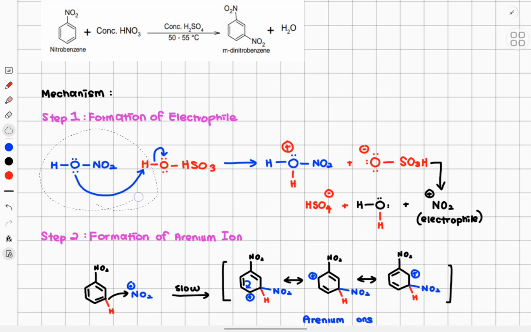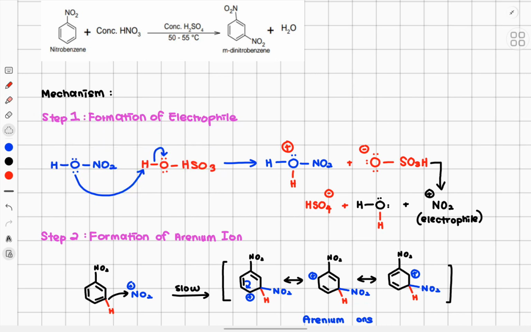We can see this by drawing it in terms of lone pairs, where we show the lone pair on the oxygen. We can see how it forms a new bond with hydrogen and partially different negativity of oxygen from this attack.